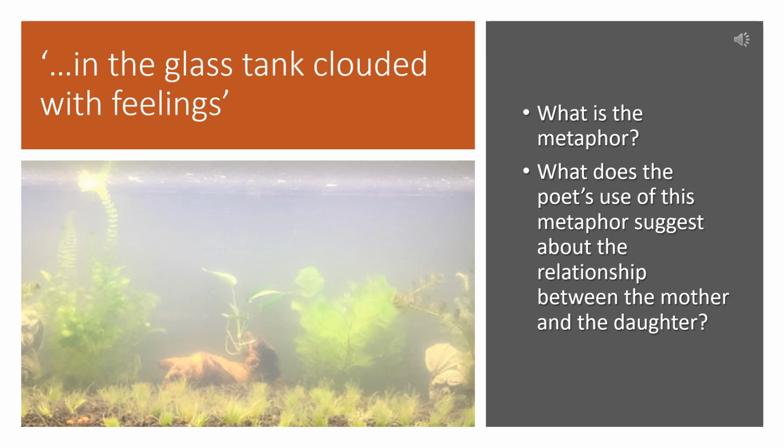And then consider what it means to be in a glass tank that is clouded with feelings. If something is clouded, it becomes unclear and uncertain. What is this poet potentially saying about the relationship between this speaker and her daughter? What might she be suggesting about it? And why does the metaphor of the glass tank enable her to do that?